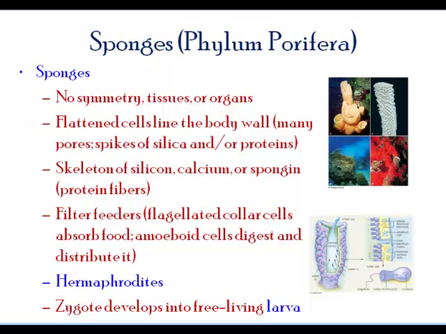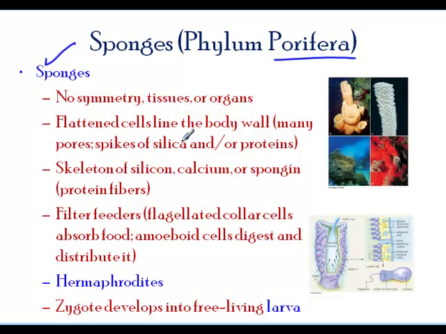So now let's look at the first simple group, which are called the porifera, and these are the sponges. Beautiful if you've ever visited an ocean or somewhere near lots of water and sea, you will find them. The sponges are mainly aquatic animals, and they actually have no symmetry, no tissues or organs.